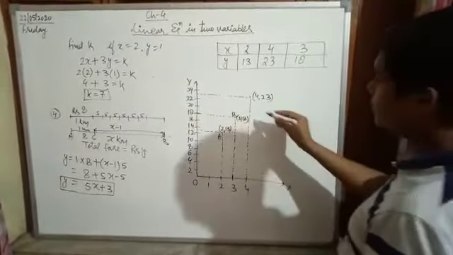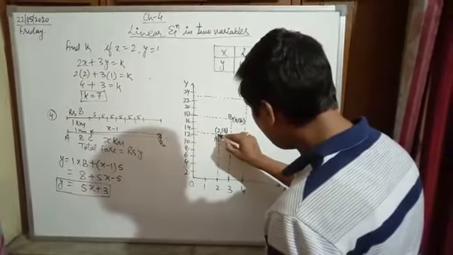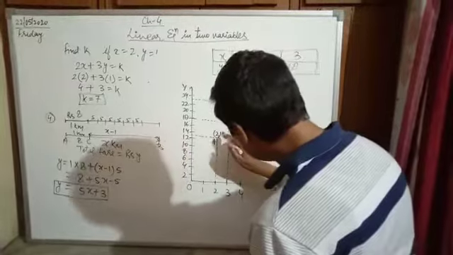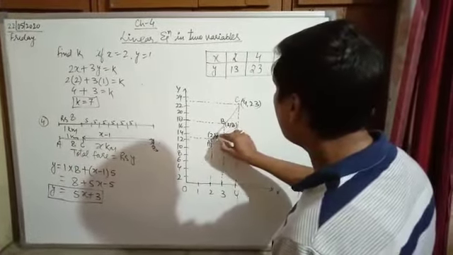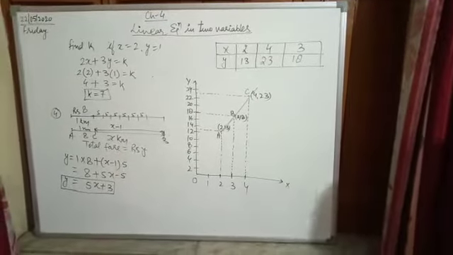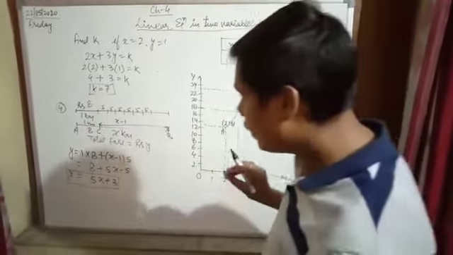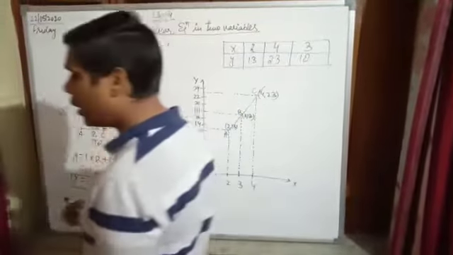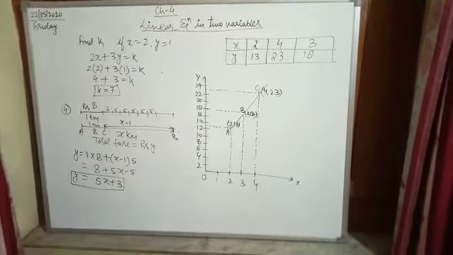Join the points A, B and C. We will get a straight line to represent the graph of the given equation. We will always get a straight line for these sorts of graphs.